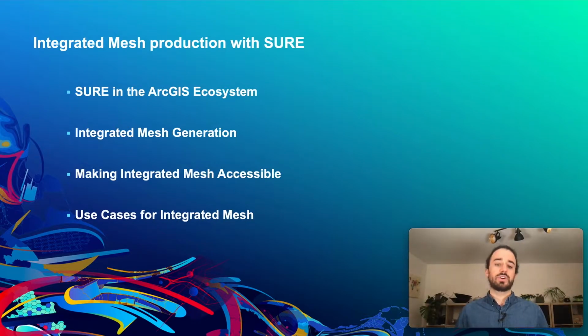Next, we're going to focus on the challenge of making integrated mesh accessible to everyone at every time possible. And in the end, we're going to have a look at use cases, what people actually do with the meshes, how they create value, what are the applications that can already be performed using integrated meshes today.